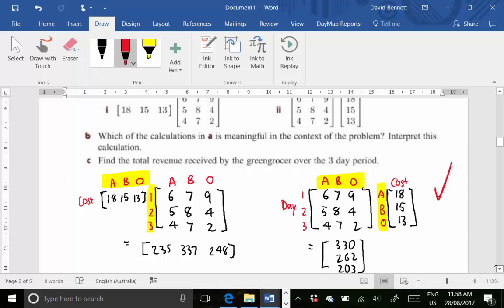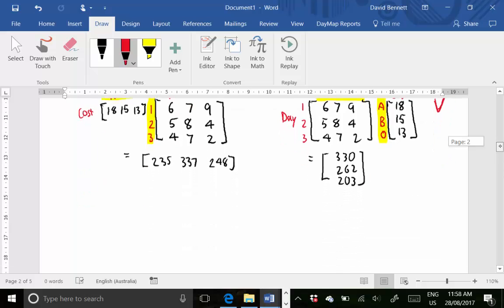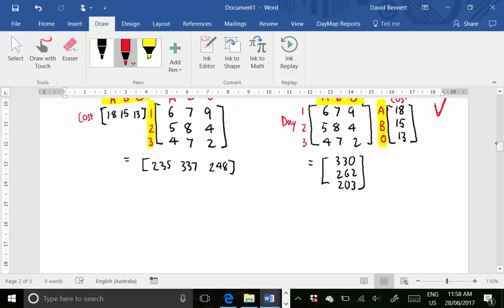That gives me $262. Remember, we're looking at 3 by 3 times 3 by 1. That works, and so does the other one work, but it's the compatibility of my values that's important.